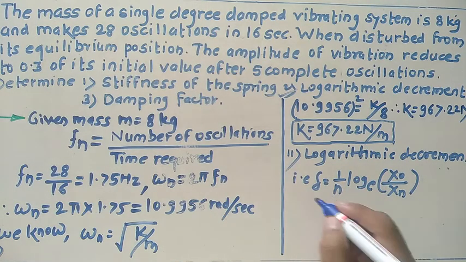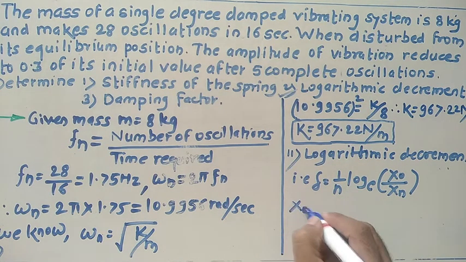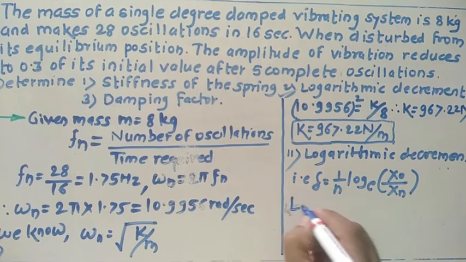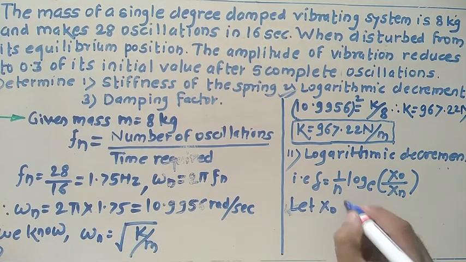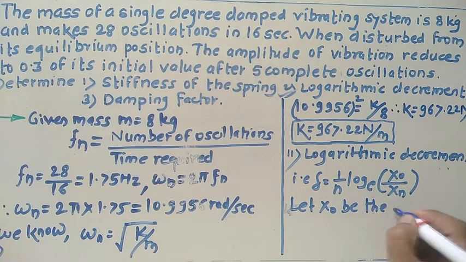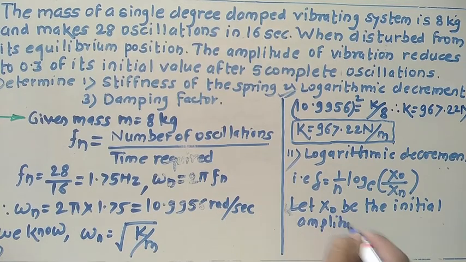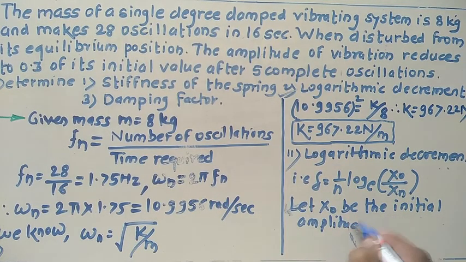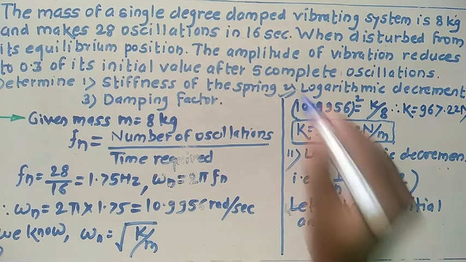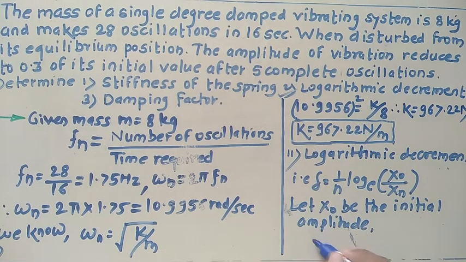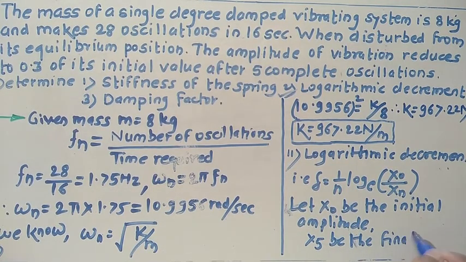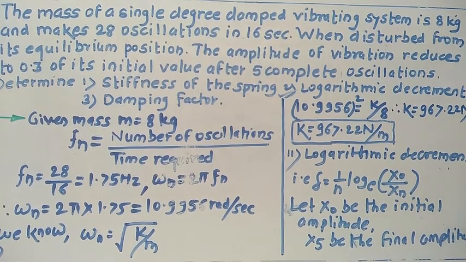So let x naught be the initial amplitude, and after completion of 5 oscillations, I'll say x5 is the final amplitude. Once we assume this, this relation is with us.